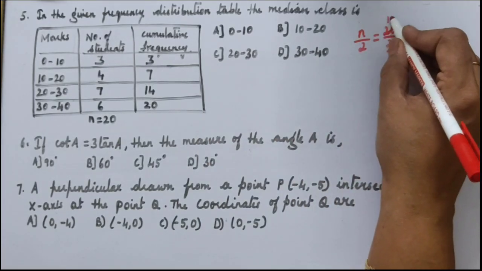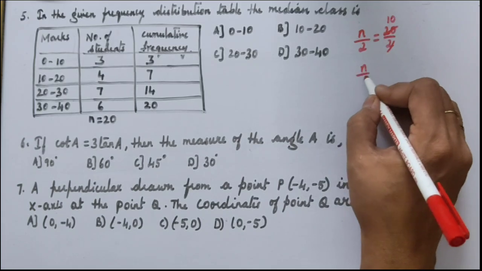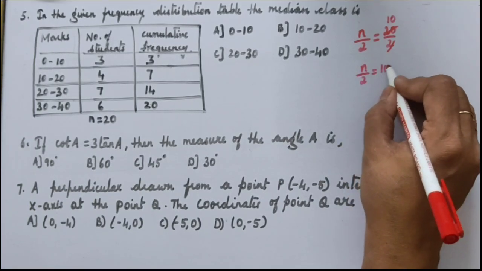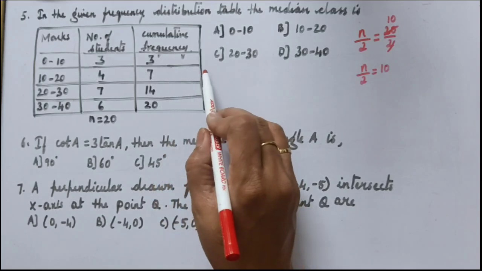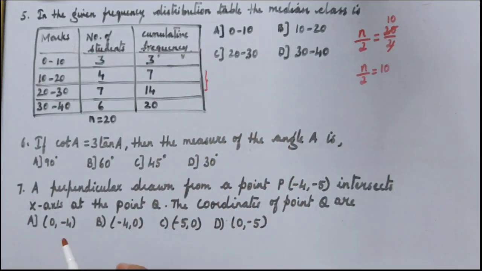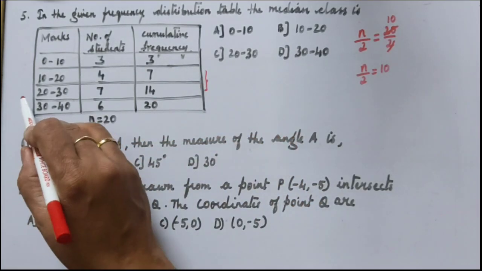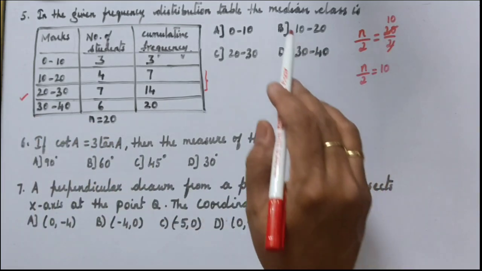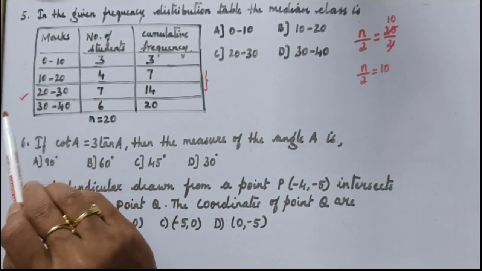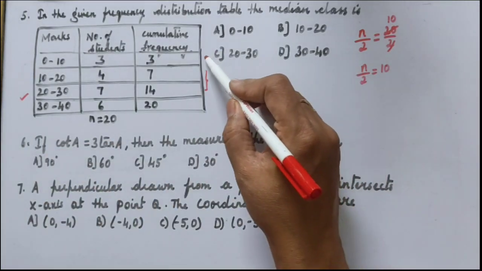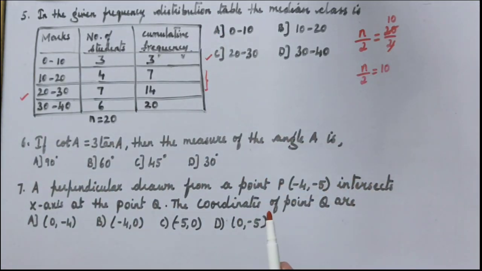When we cancel, we get 10. That is n upon 2 is equal to 10. So where does 10 lie? 10 lies in between these two. So we say that this is the median class. The median class is 20 to 30. C is the option here.